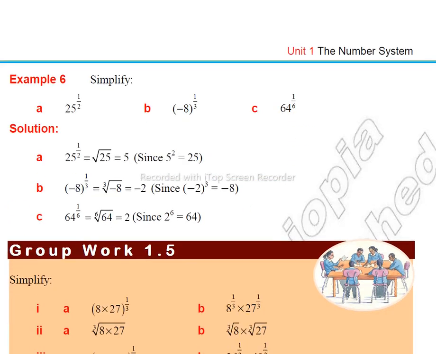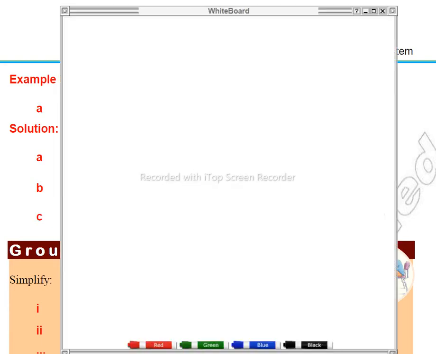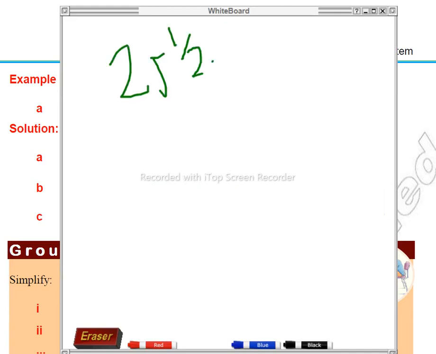Let us simplify this given number. We have 25 to the power of 1 over 2. This means we can write it like this: the square root of 25.